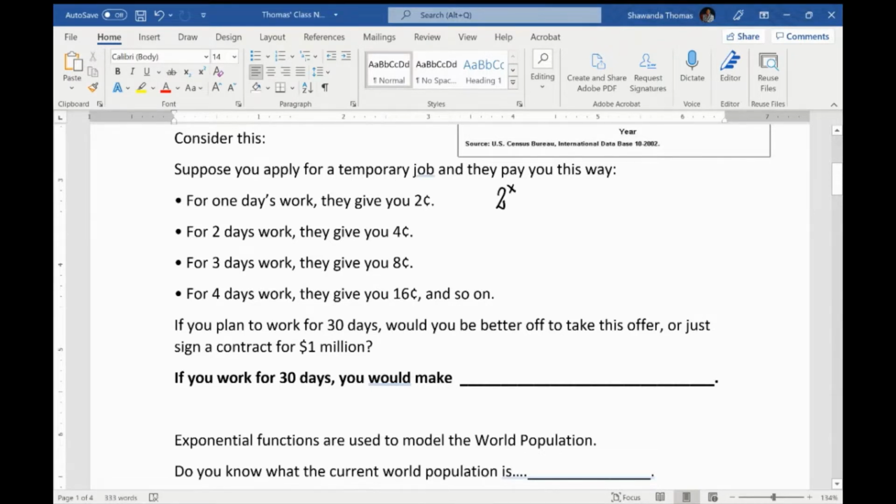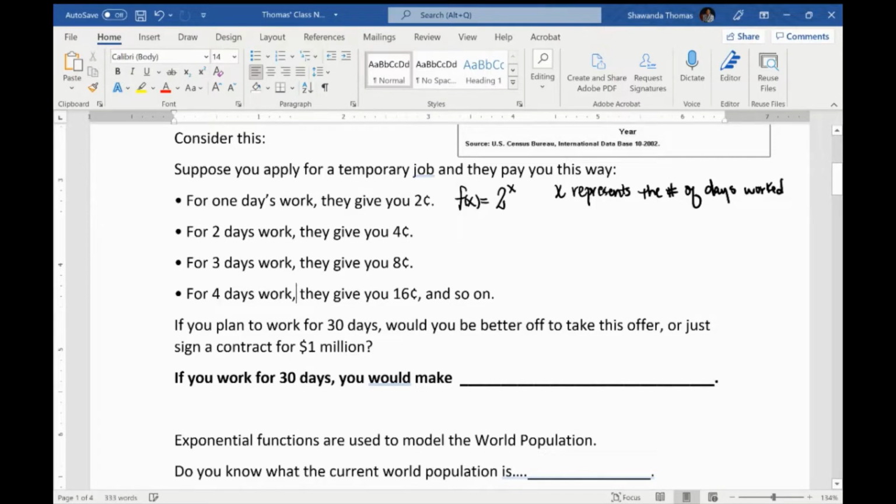x representing what? What does x represent? The days. Yeah, I would say that x represents the number of days worked. All right.